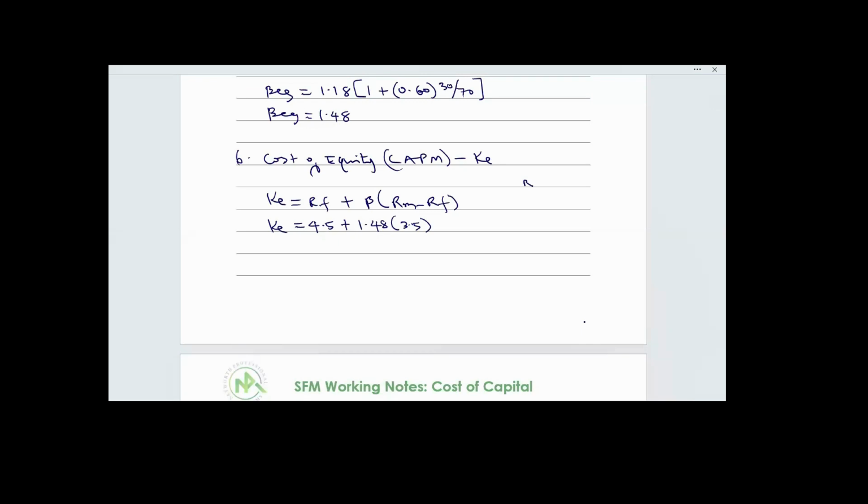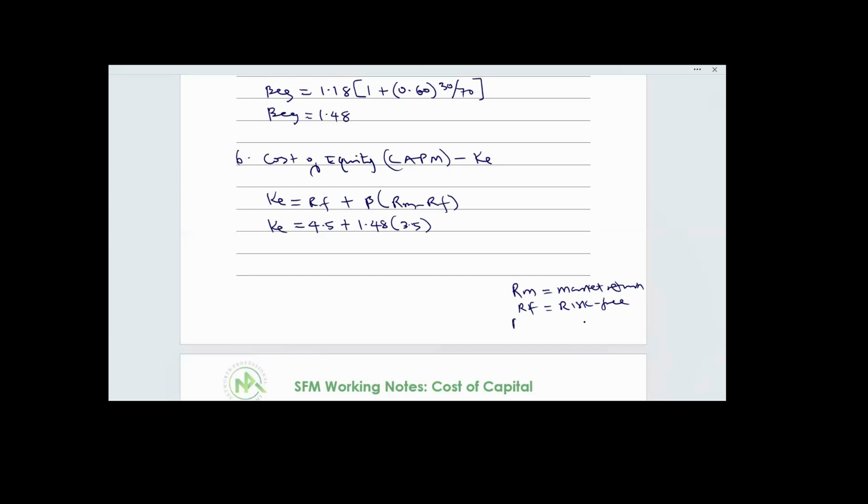Let me explain again. RM equals market return. RF equals risk-free rate of return.